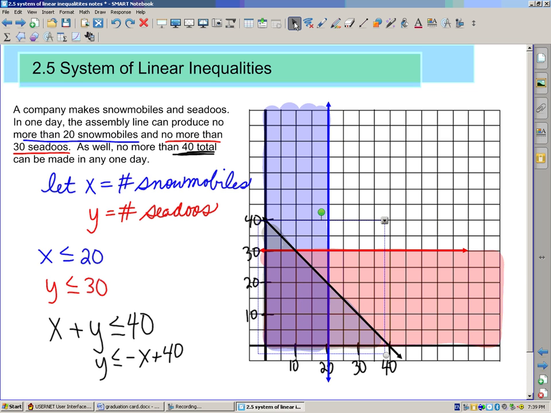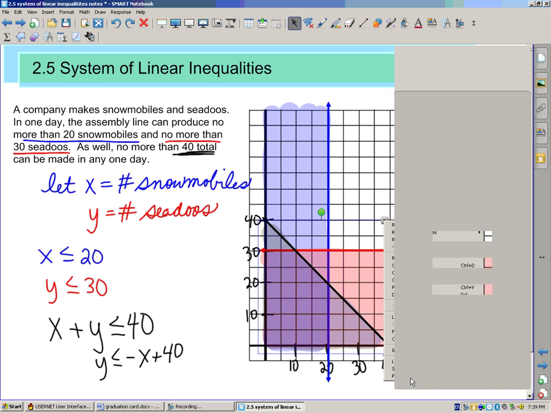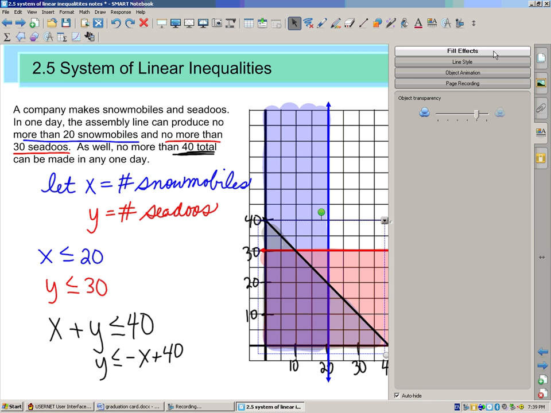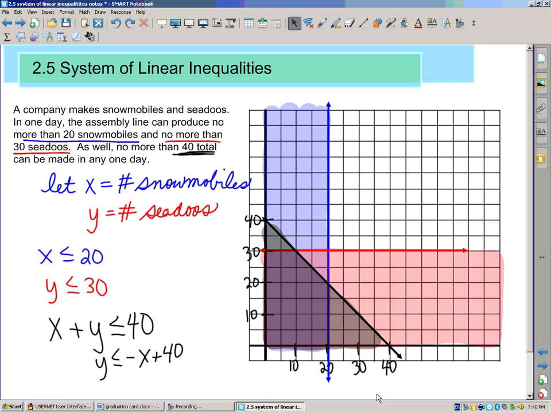Let's see if it even allows me to do that. Not too dark. There we go. And I think from back there you can see the answer. I'll just make sure that you understand that that answer is in this region where all the shades are.